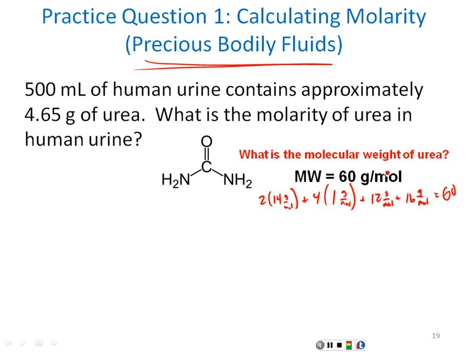Now the first step, when we're trying to find a molarity, would be finding the number of moles of our solute. And our solute in this case is urea.